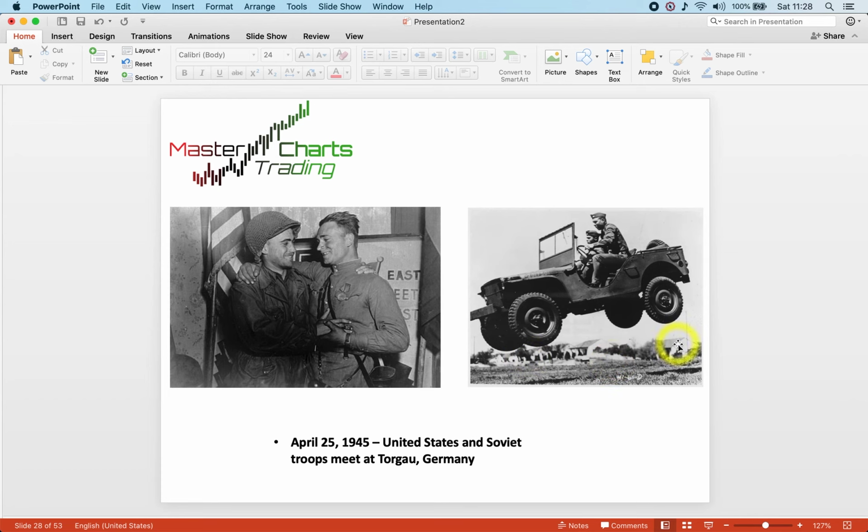They were just driving like crazy on their jeeps, and he had big admiration for them. They were extremely happy, because this basically means the encirclement of the German Reich, and it's very close to the end of World War II.